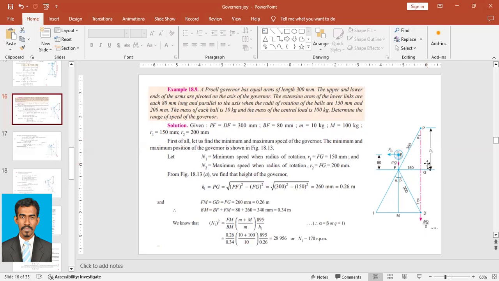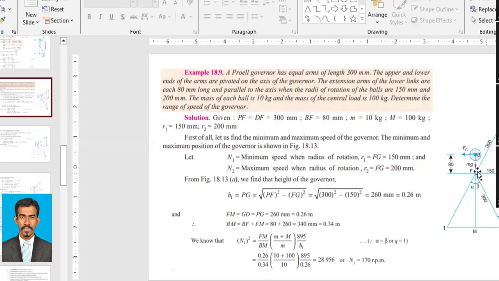So how can we find this? This squared minus this squared will give you this. So the square root of PF squared minus FG squared will give you the height PG.